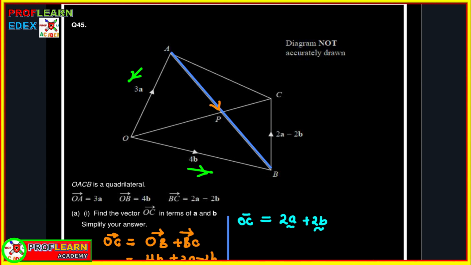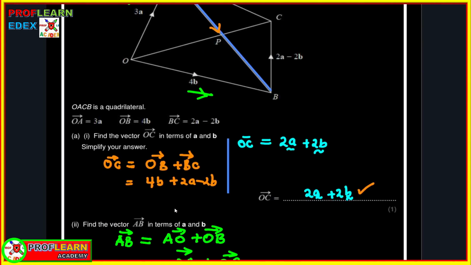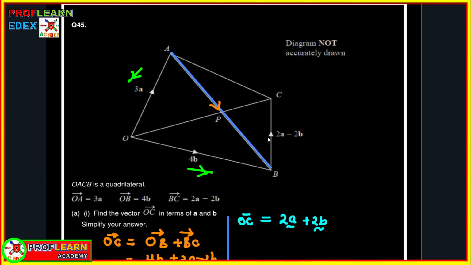In the event you are given a question to do with vectors, since we are finding OC, you need to realize that we're moving from O to C. So there are different routes we can use, and the routes you are going to use are the ones provided in terms of vector A and vector B. So we are going to use the route OB, then BC, but OB is vector B, and BC is 2A minus 2B.